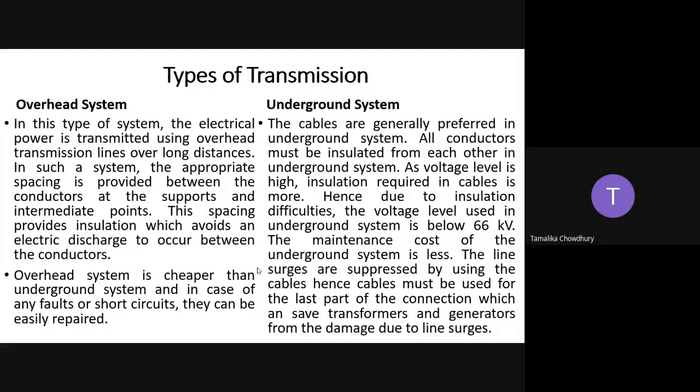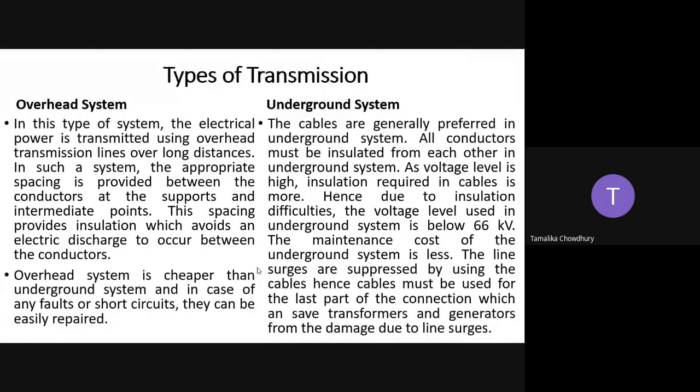Okay, so in the overhead system, what happens? The electrical power is transmitted using overhead transmission lines that go upwards in the air. When it is being transmitted, you can follow it over very large distances, as I was saying in the previous class. So overhead transmission lines go over very long distances.